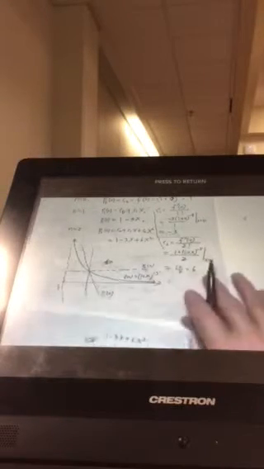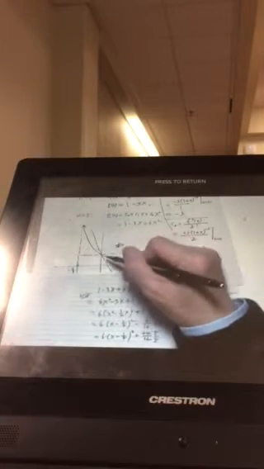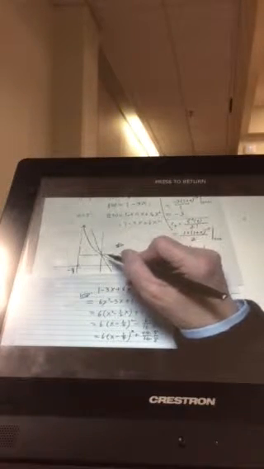So this graph has its center at 1/4. The axis of symmetry is at x equal to 1/4. So it's about here. And the height is 5/8, right?